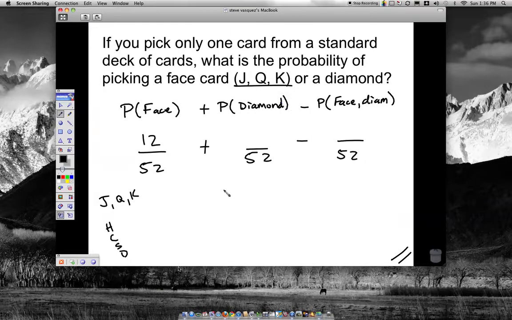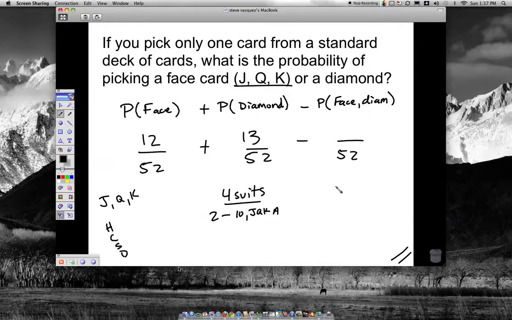There's 4 suits in the deck, and there's 52 cards. So that means there are 13 of each suit, from 2 all the way to 10, the Jack, the Queen, the King, and the Ace. That's 13 cards, and there's only 1 suit that I'm choosing, and I'm choosing the diamond, so that's 13 out of 52. And then I'm going to subtract away when we have face cards that are diamonds.